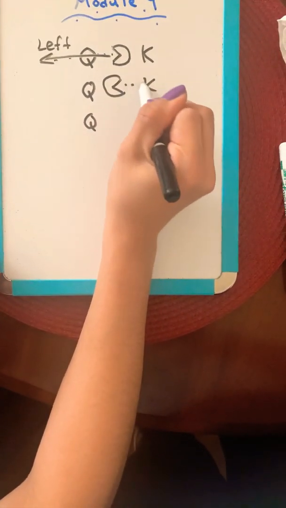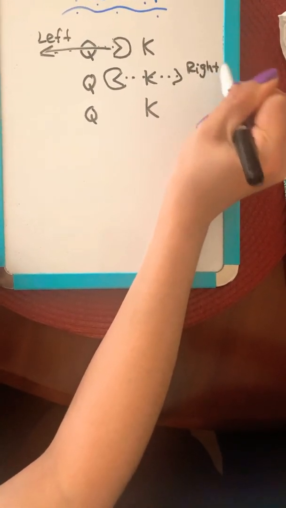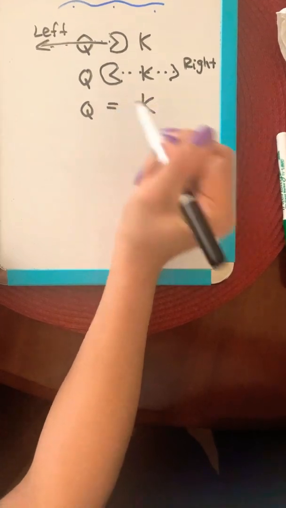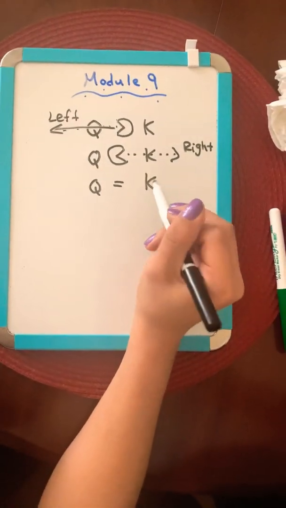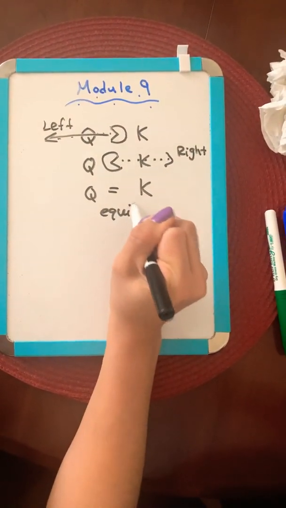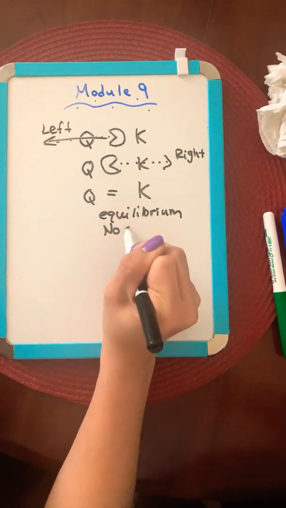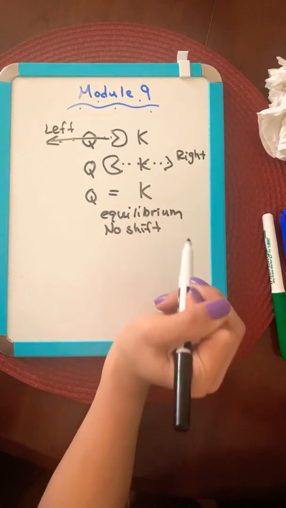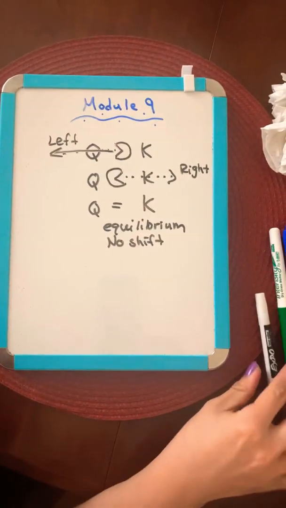Then this Pac-Man is now going this way, which means it's going to be shifting to the right. But what if they're both equal to each other? Then that simply means that since K is a constant at equilibrium, and both of them are balanced, they are at equilibrium, and that means there is going to be no shifting whatsoever, or no change. Knowing this chart is going to be helpful in knowing which is which.